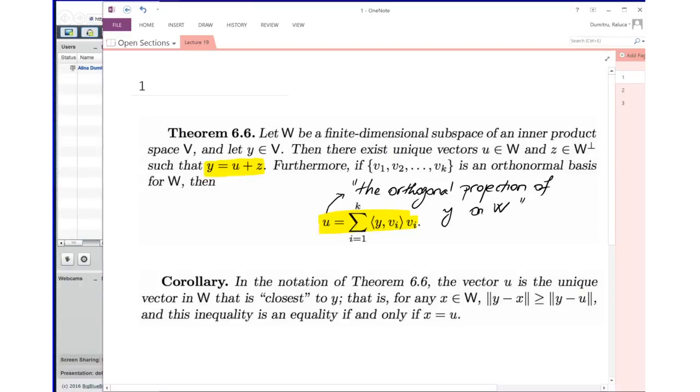And I was telling you that the simplest image to have in mind is something like R3, with the xy plane inside and the orthogonal complement, which is the z-axis. So if this would be W, then the z-axis would become the orthogonal complement, because those would be vectors that are perpendicular to anything in the xy plane.